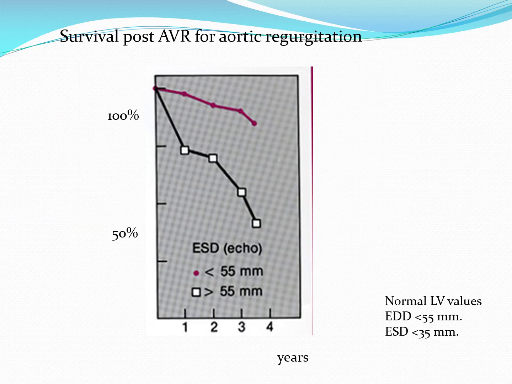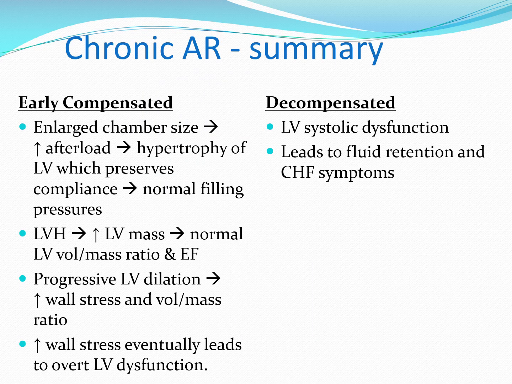This is another way to look at it, the survival curve. The black line is when their end systolic diameter is more than 55 millimeters, which is a poor prognosis, and you should not wait till then. This is the final slide, just to reiterate the difference between early and decompensated stage of aortic regurgitation.